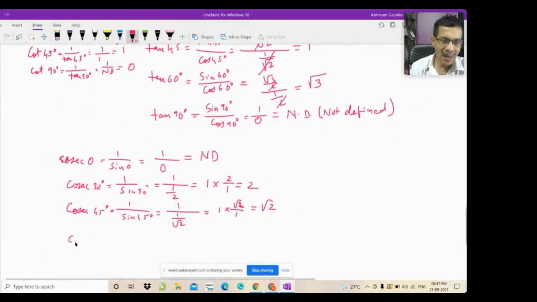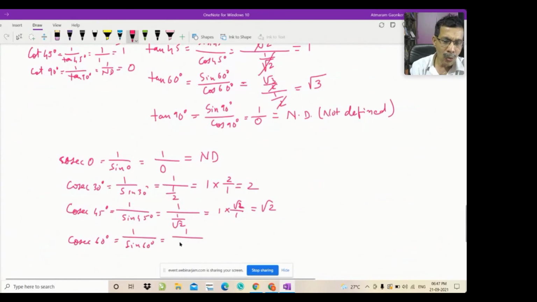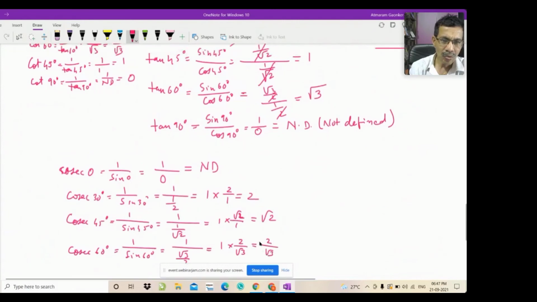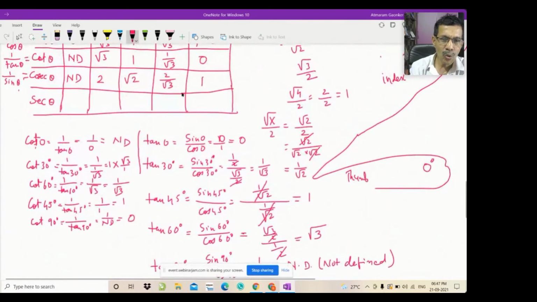And the next one is cosec of 60 degrees, which is equal to 1 upon sine of 60 degrees, and that is equal to 1 upon root 3 upon 2. So this is 1 into 2 upon root 3, so it is 2 upon root 3, which I have written over here.